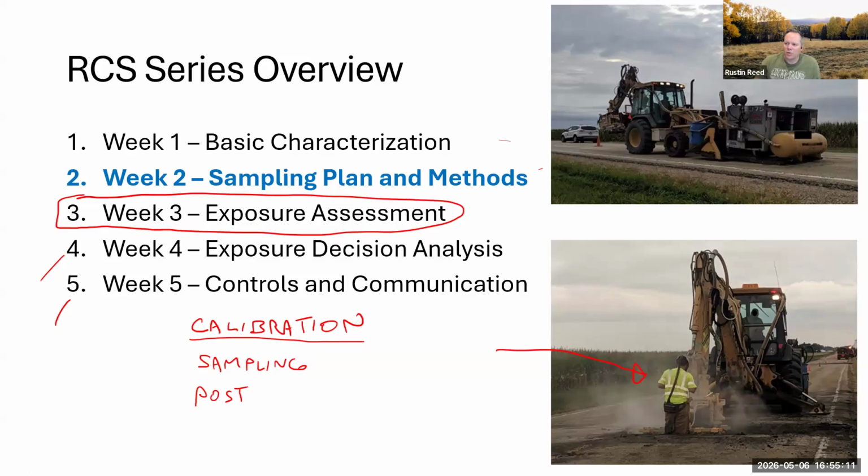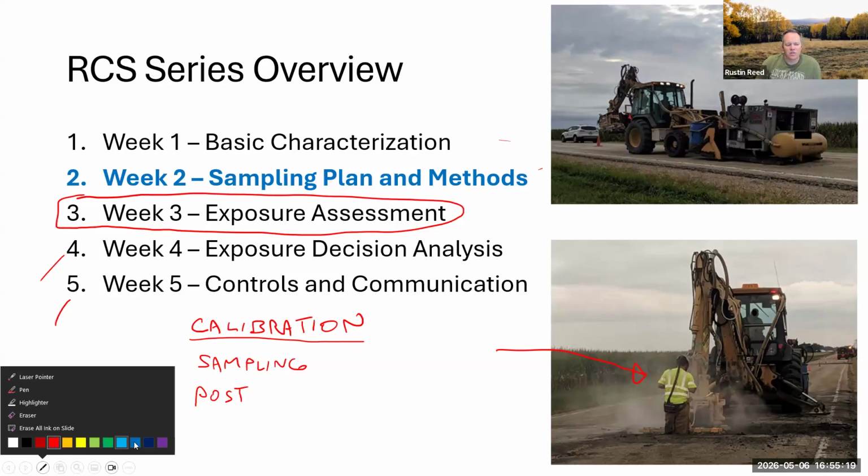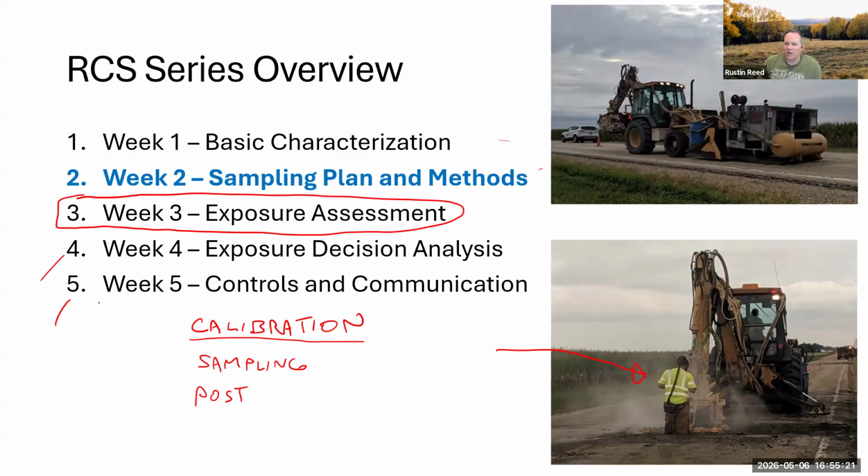Would like to know what type of personal pump can be used with cyclones flowing in excess of 4 liters per minute. That's a great question. John, how much greater than 4 are we talking about? Is this 5 or is this 10, 15? There was one that I thought looked like it was using 8 liters a minute or so.